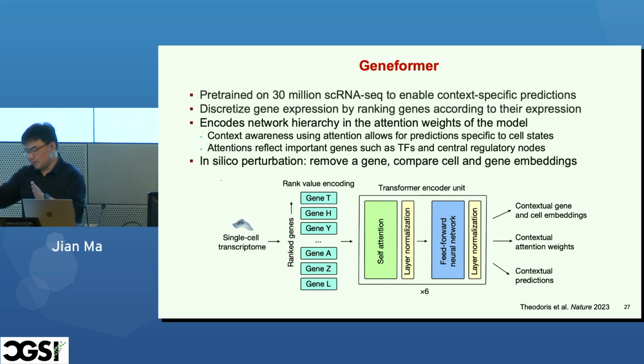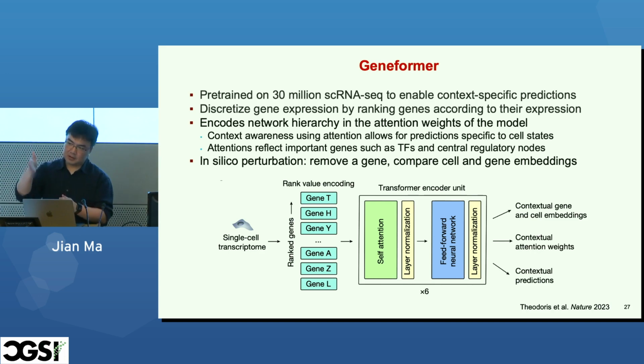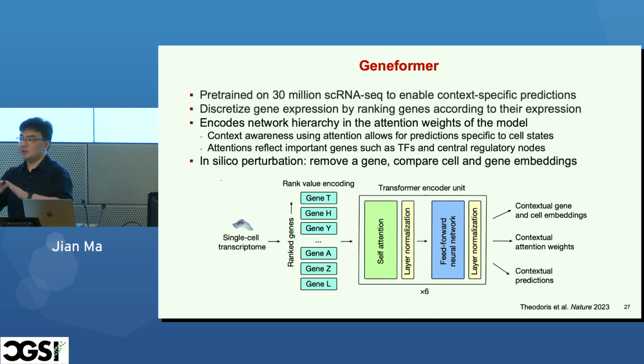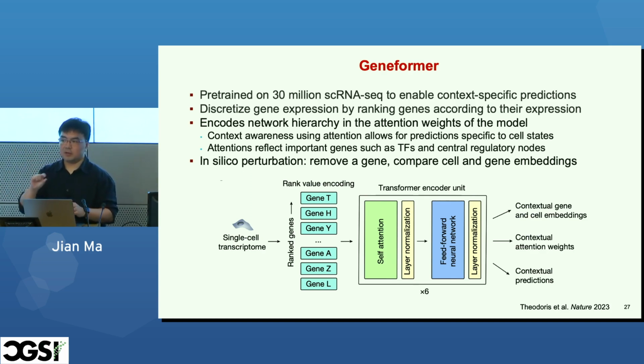Imagine you have many single cells, many cell types. In a particular single cell, you look at a certain gene's expression compared to its expression in the rest of the single cells. If the expression in that particular single cell is much higher than the rest of the samples, then the relative ranking is high in that cell. Does that make sense? So essentially, you have a ranking.